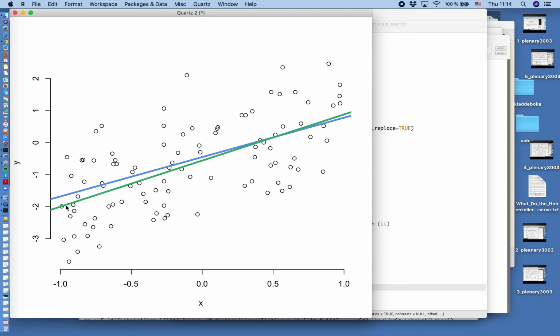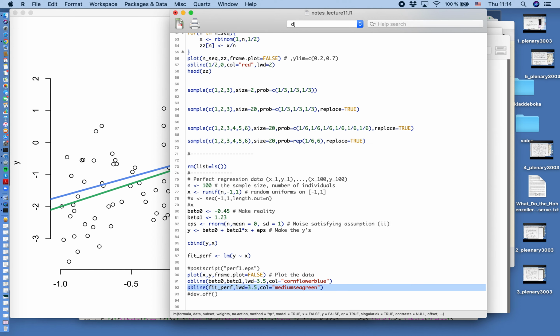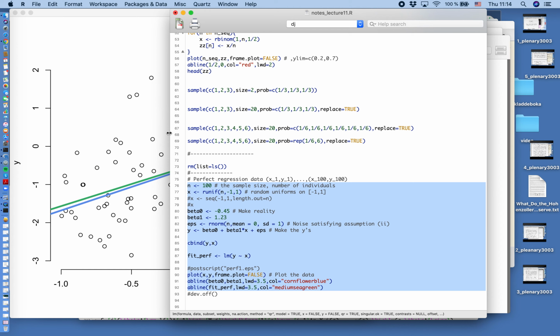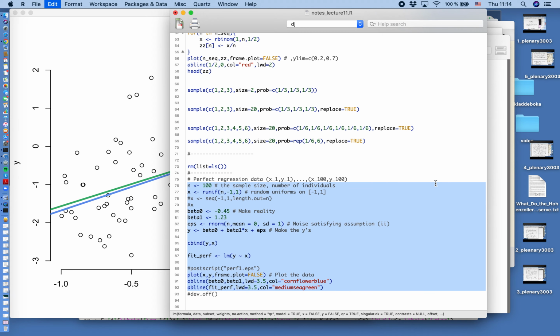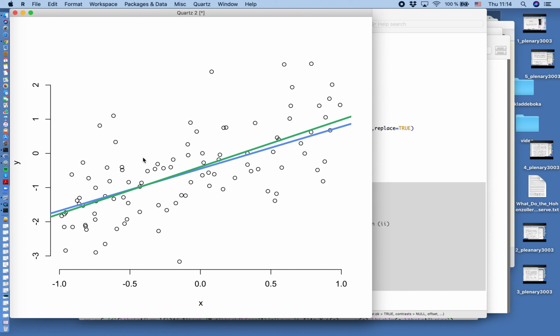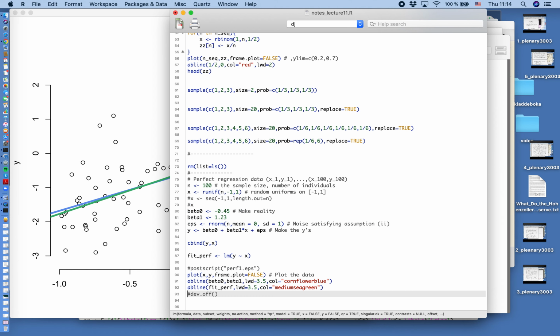So we see that the green line is close to the blue line, but they're not the same, because this is an estimate of the blue line, and if we have new data, we'll get a different green line. So the green line will change for each simulation. Here, new data, the same blue line, but a different green line. One more time. The green line changed again.